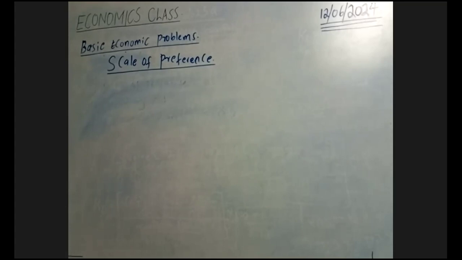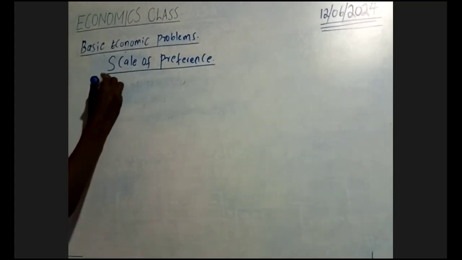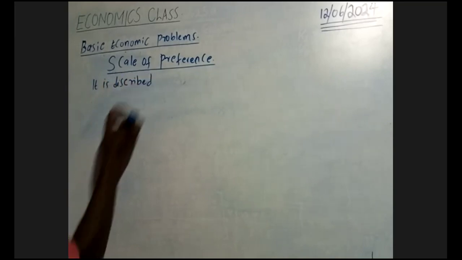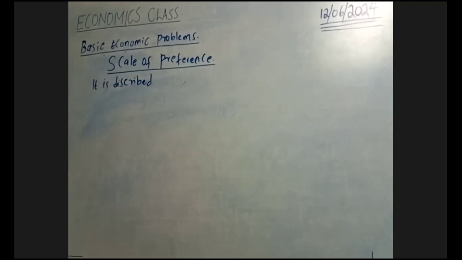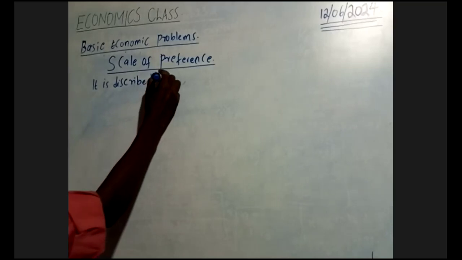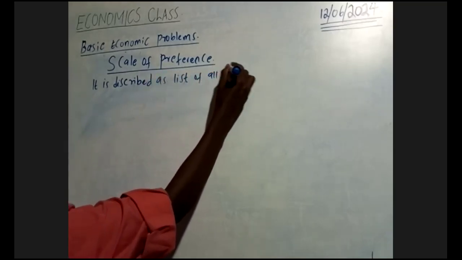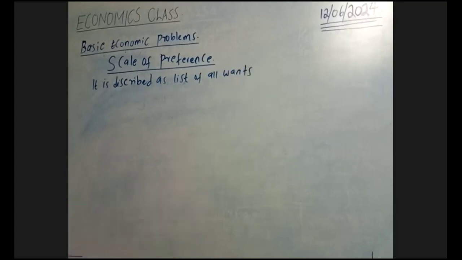So we can define it in this way. It is described as a list of all wants to be satisfied, arranged in a particular order.